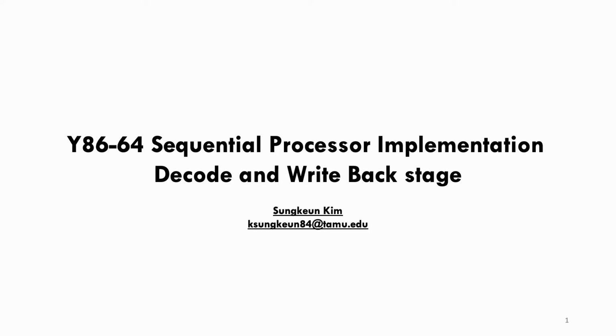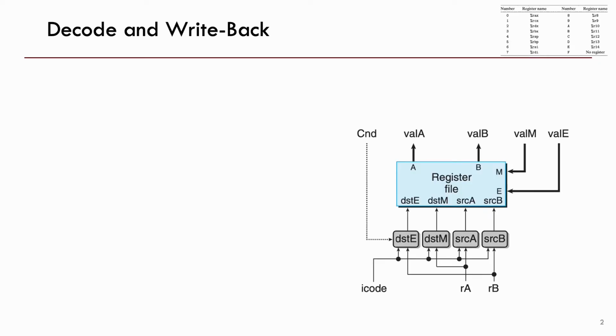In this video, I'm going to talk about the decode and write-back stages of the Y86-64 sequential processor. Let's get started. Here we have a diagram of the decode and write-back stage, and then we have a register file over here.